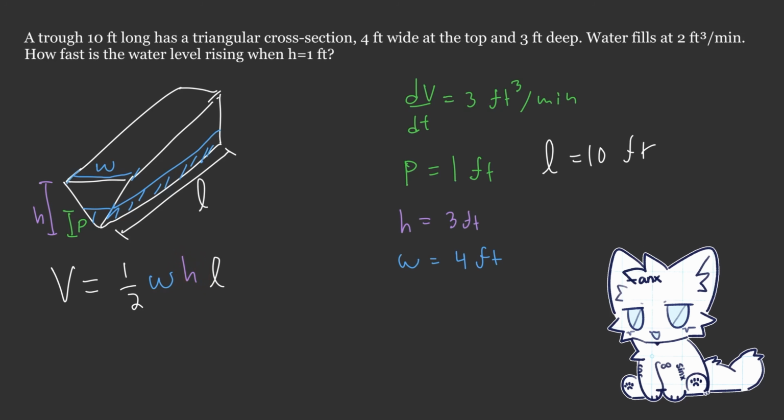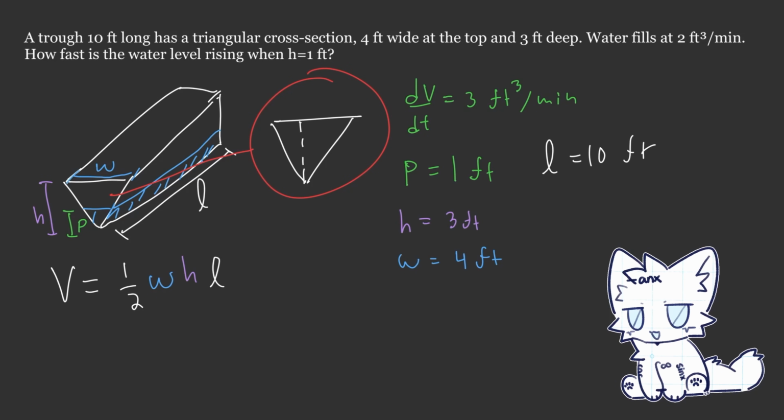So is there a relationship where we can get rid of W, where we can get it in terms of the height? Well, we can use similar triangles again. If we make a bigger picture, this would be the trough at this specific view.